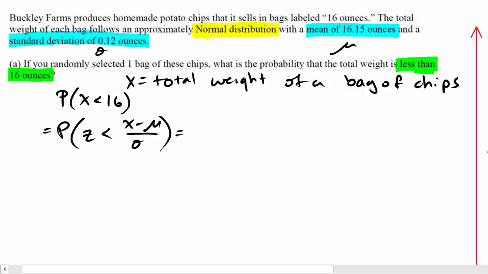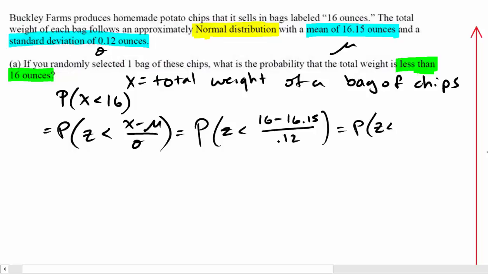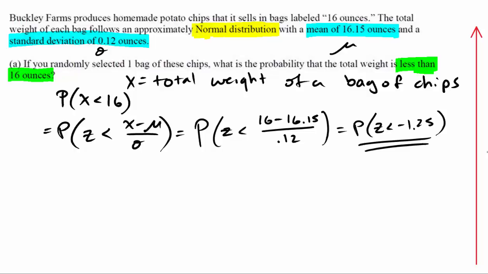So if I plug everything in, the probability that the z-score is less than (16 minus 16.15) over 0.12. If I punch that together, I get a z-score less than negative 1.25.